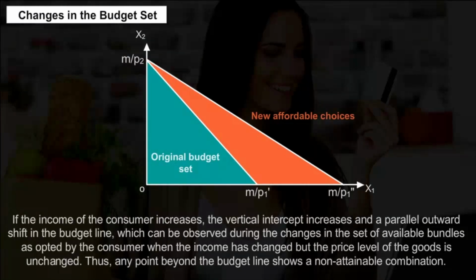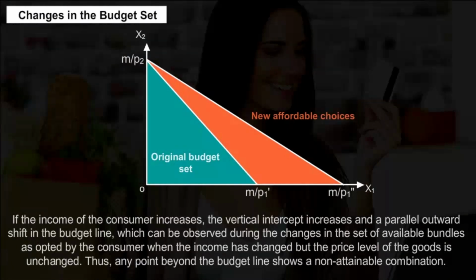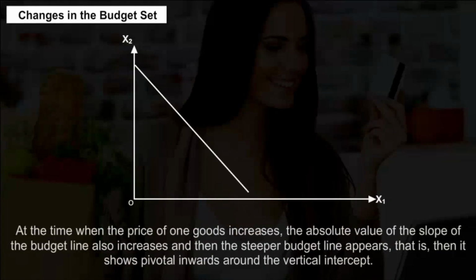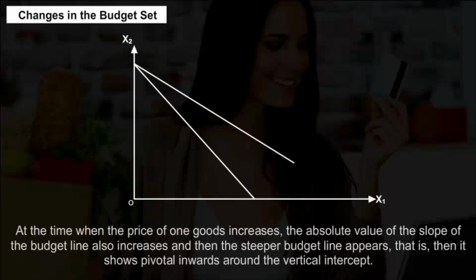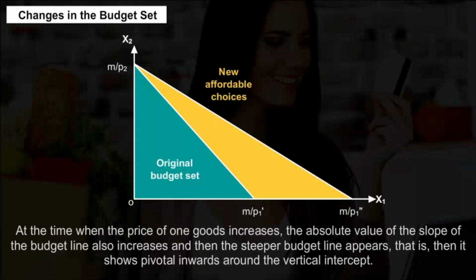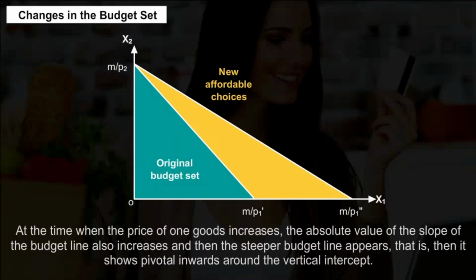Thus, any point beyond the budget line shows a non-attainable combination. When the price of one good increases, the absolute value of the slope of the budget line also increases, and a steeper budget line appears. That is, it pivots inwards around the vertical intercept.